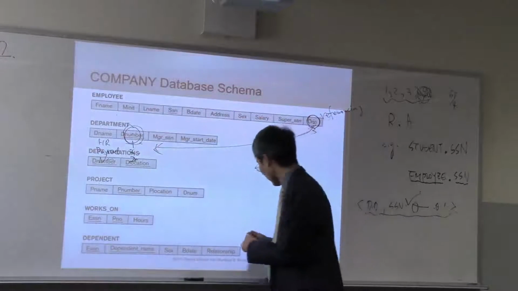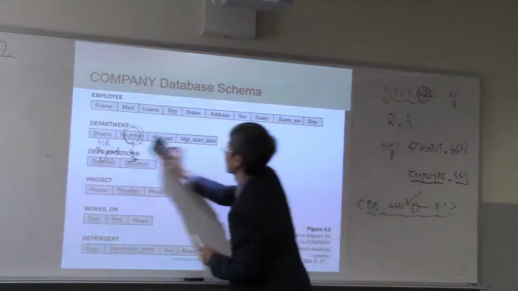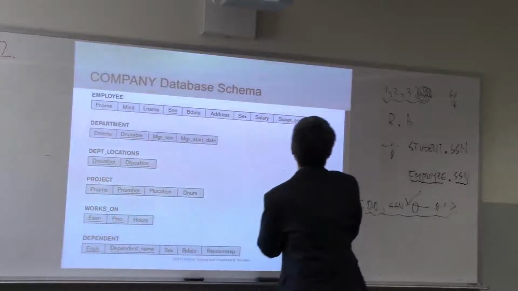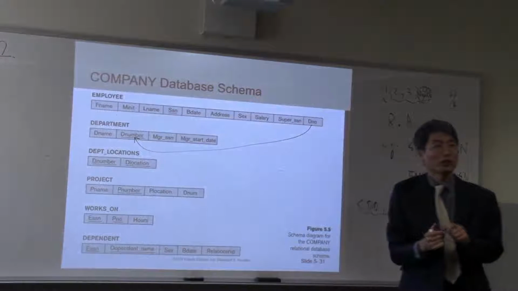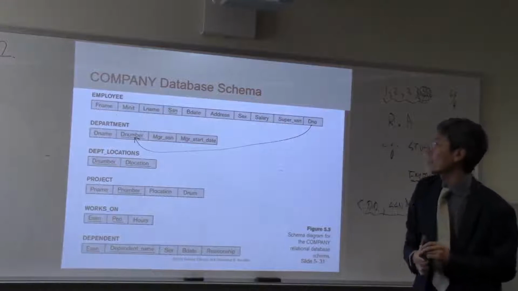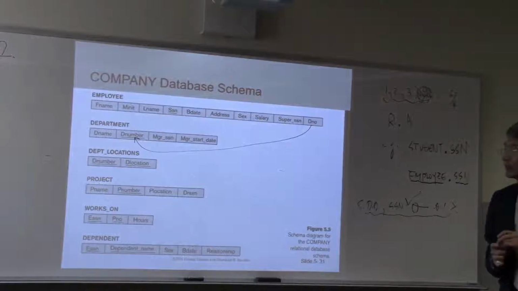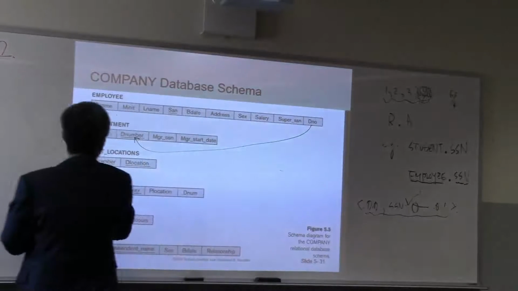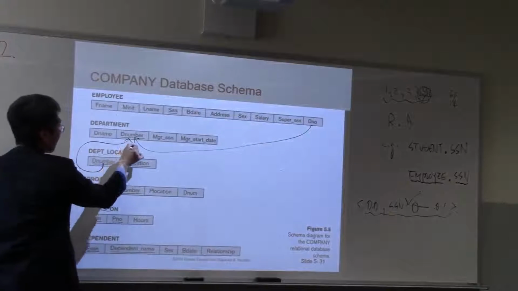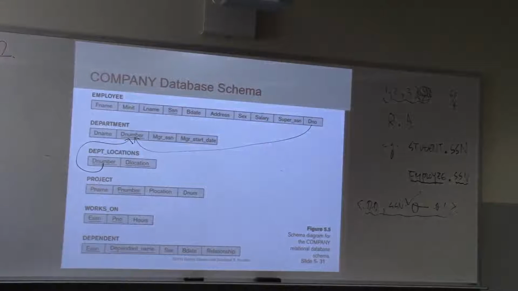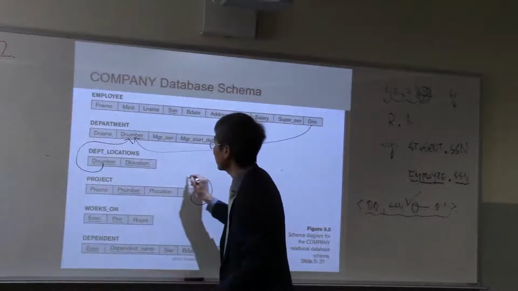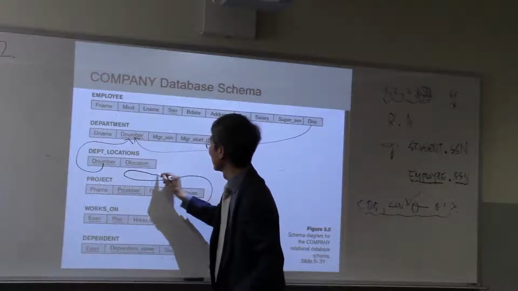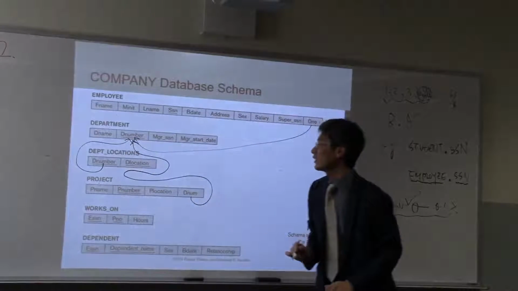So we can find the referential integrity. Can you find any other referential integrity? So D number refers to this one, right? What else? D number in the department project to this one, right?